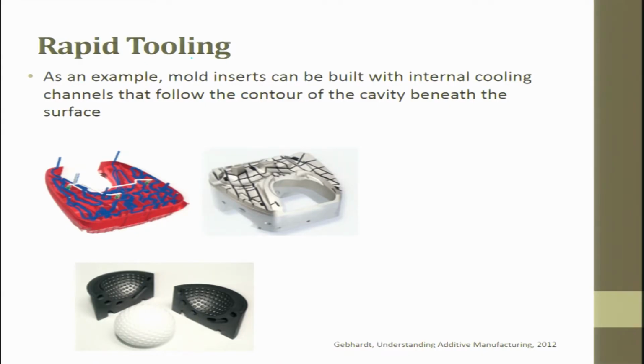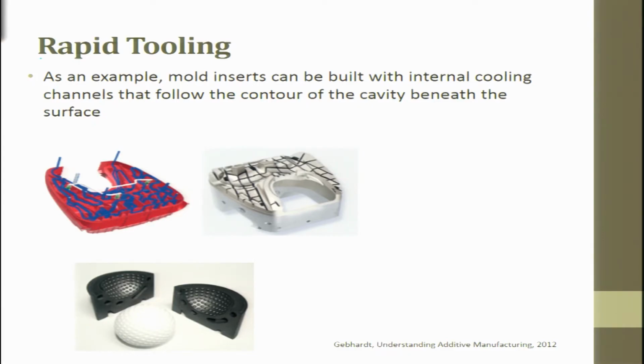So, rapid tooling, as it explains here, a mold insert can be built with internal cooling channels that follow the contour of the cavity beneath the surface. So, this is shown in this example.